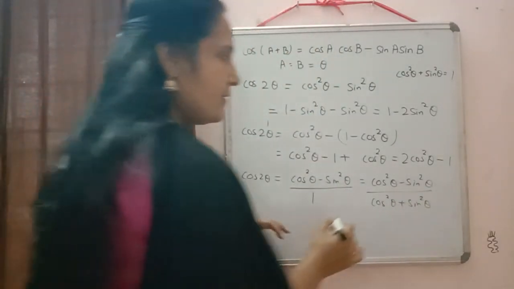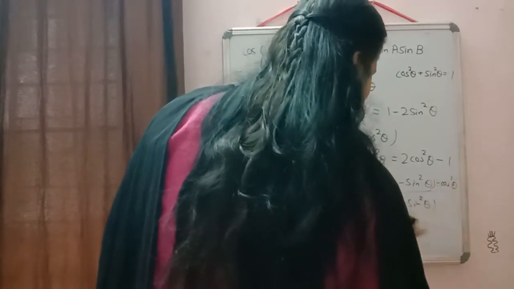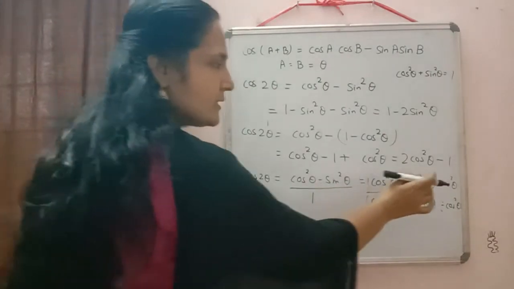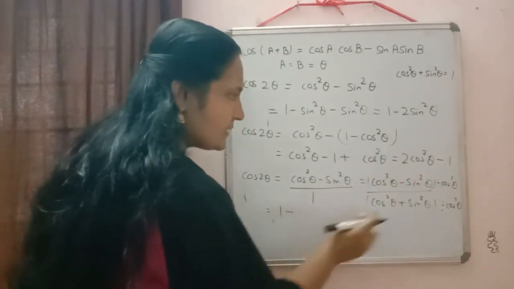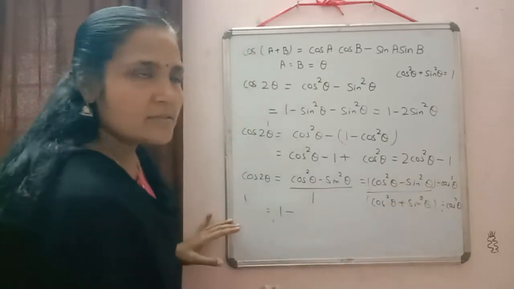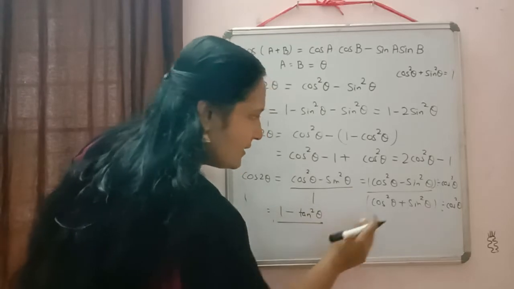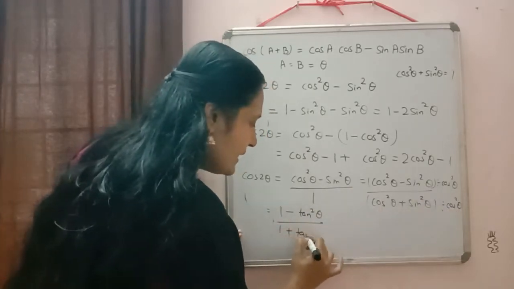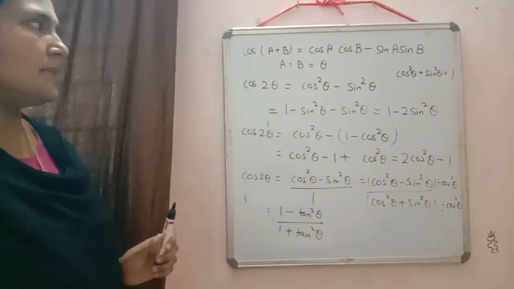We will divide both numerator and denominator by cos square theta. Then what will come? Cos square theta by cos square theta will be equal to 1. Minus sine square theta by cos square theta will be equal to tan square theta, and cos square theta by cos square theta, 1 plus tan square theta. So another formula for cos 2 theta.